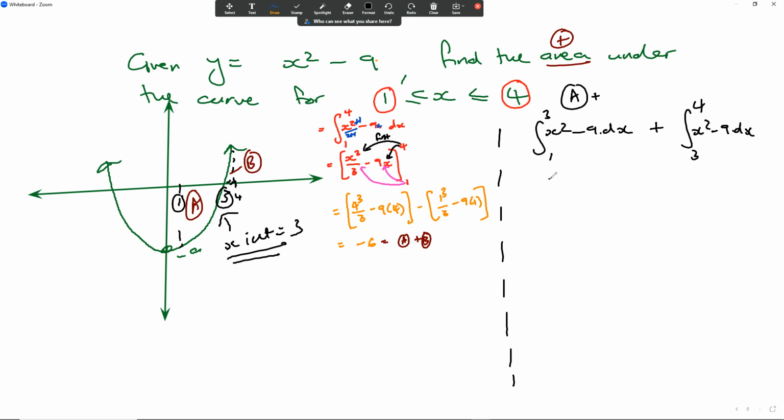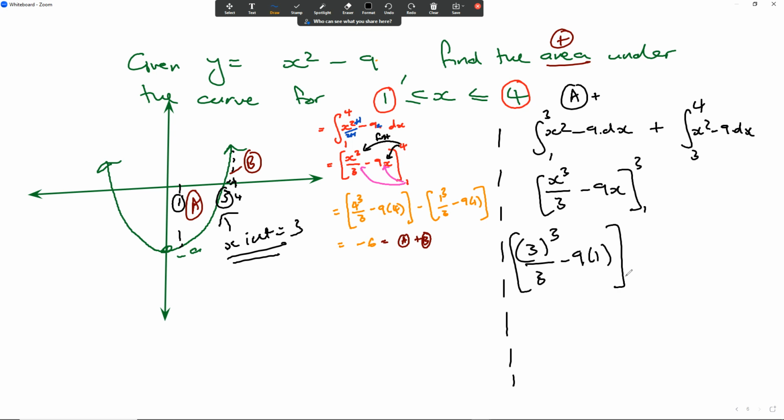What changes is that we're going to have x cubed over 3 minus 9x. That stays the same. Put 1 and 3 in there, and this becomes 3 to the power of 3 over 3 minus 9 times 3, minus 1 to the power of 3 over 3 minus 9.